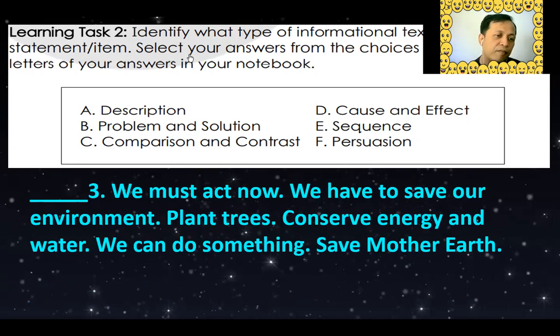Number 3, we must act now. We have to save our environment, plant trees, conserve energy and water. We can do something, save Mother Earth. Now, what kind of informational text is that? Is it a description, problem and solution, comparison and contrast, cause and effect, sequence, or persuasion?